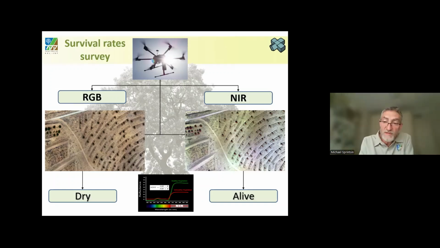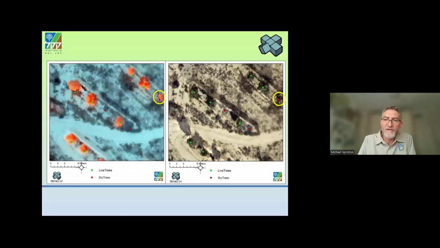So we used drones in this study in 2 spectral ranges, RGB and near infrared, to be complementary to one another. And we detect each tree within the studied area and classify it as dry or live tree.